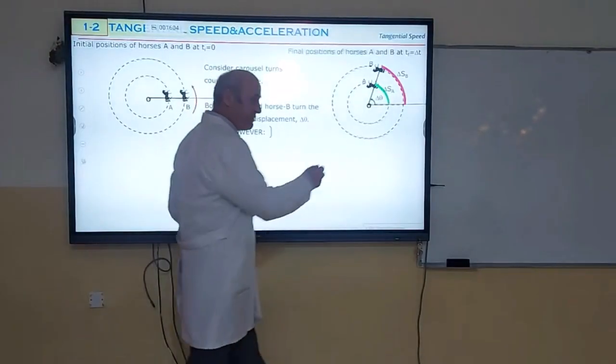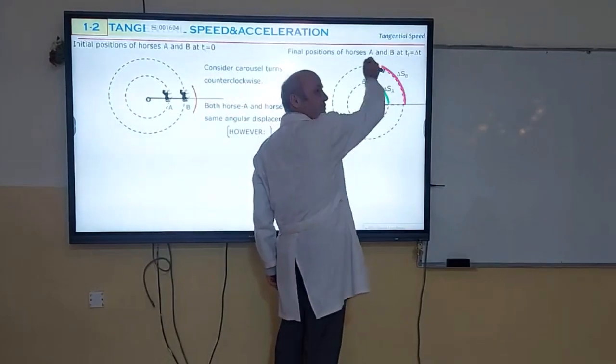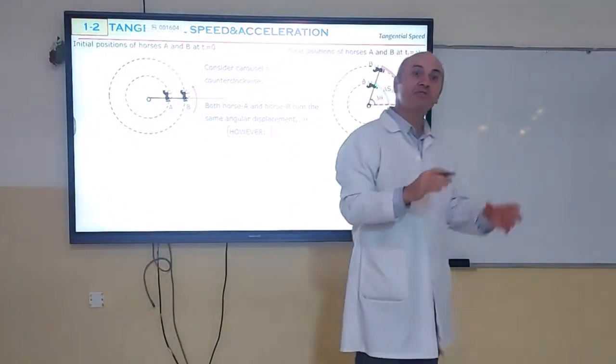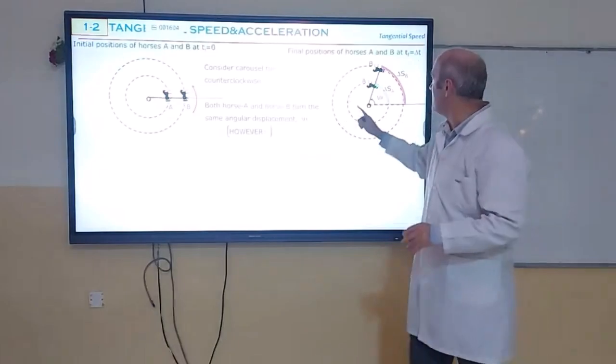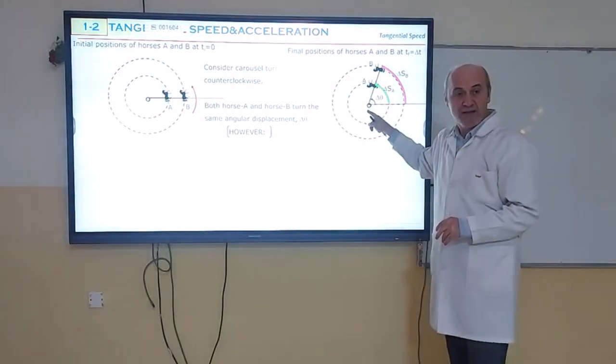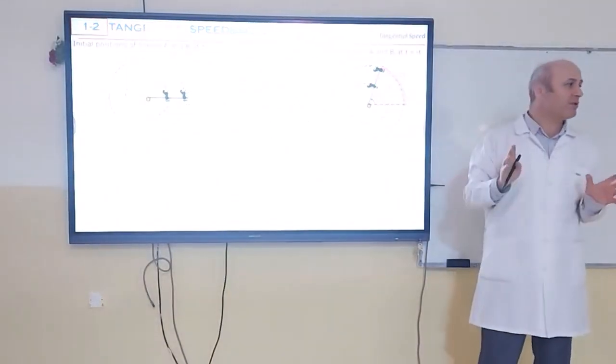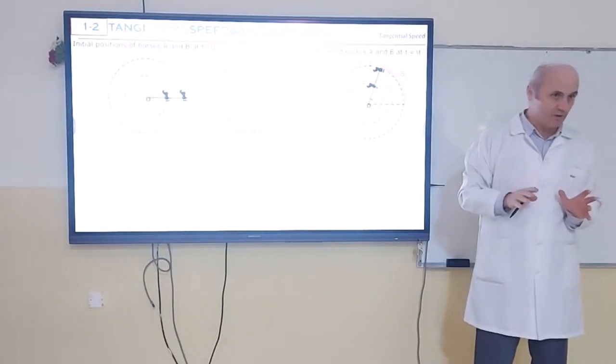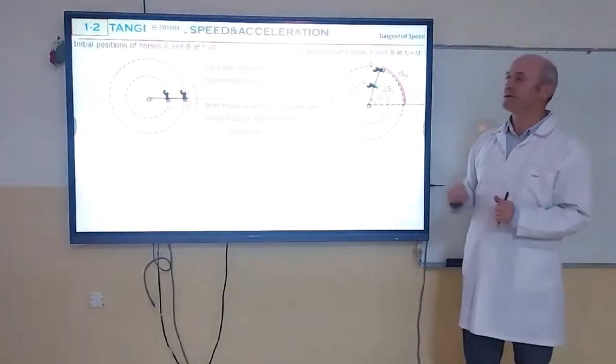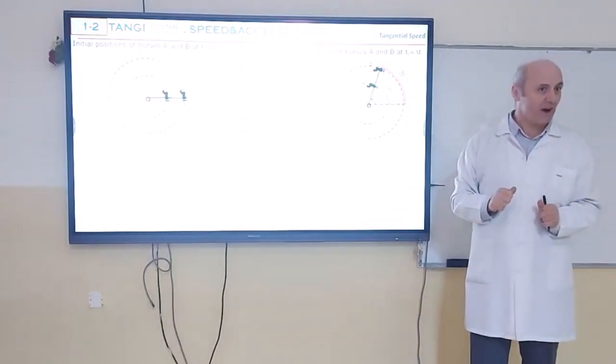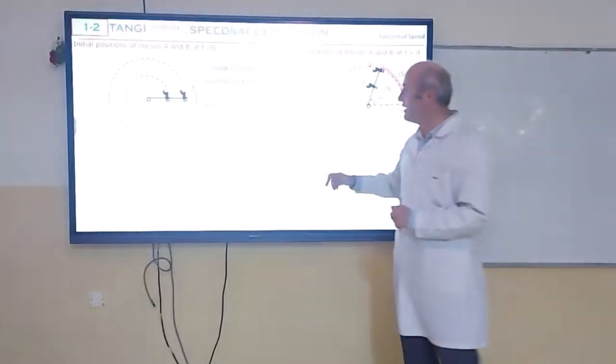Horse A travels a shorter distance than horse B. Horse B travels a longer distance. Even though they have the same angular displacement, the outside horse travels a longer distance than the inside horse, which tells you that the outside horse has a greater arc length than the inside horse.